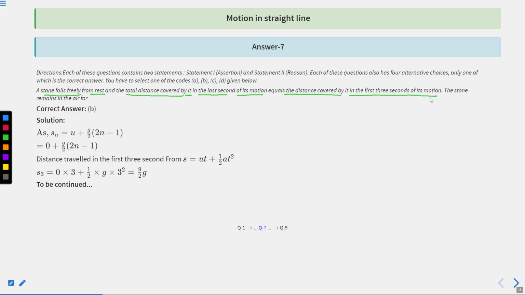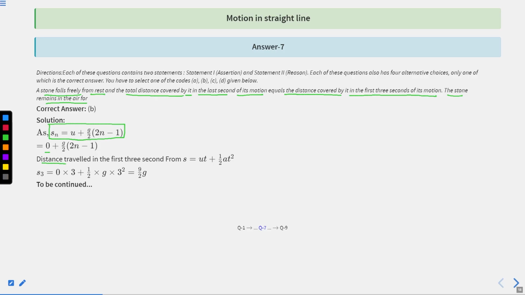Clear? The stone remains in air for? So we use the formula Sn equals u plus g by 2 times (2n minus 1). Initially at rest, so initial velocity is 0. Clear? g is the acceleration due to gravity.